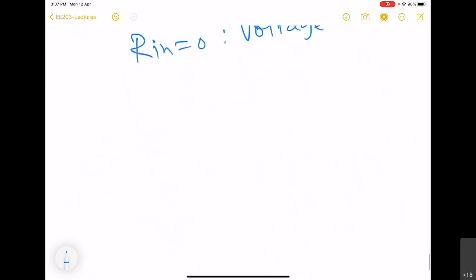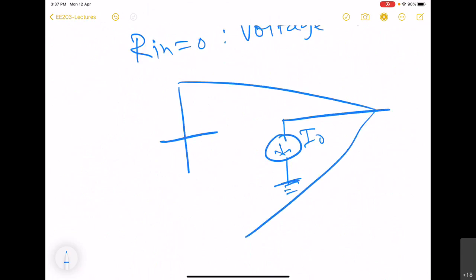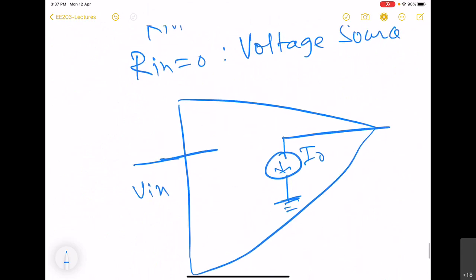So if we draw the model, what we find is the input side is open. On the output side, we have a current source, Io, so the input impedance is infinite. It will be sensing input voltage, producing a short circuited output current Io.